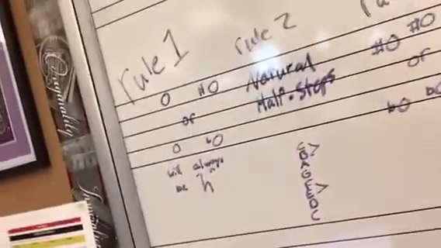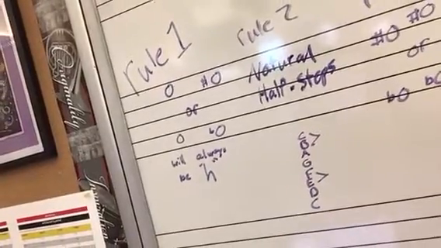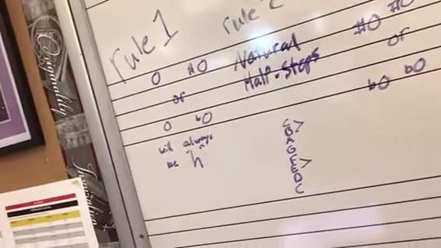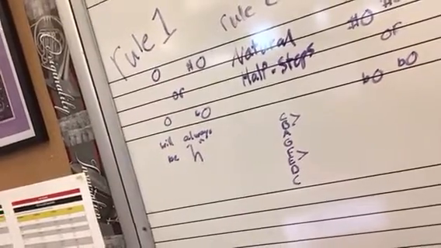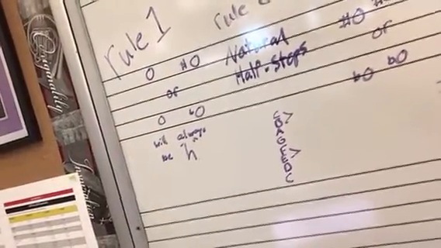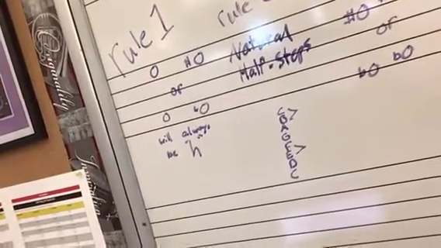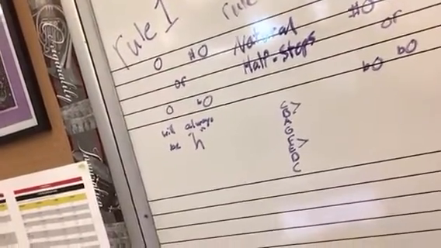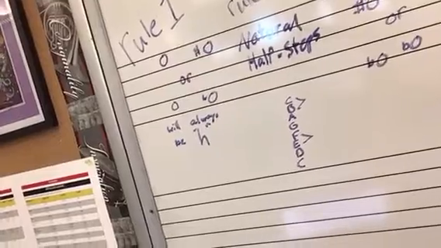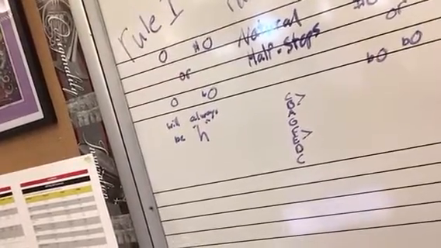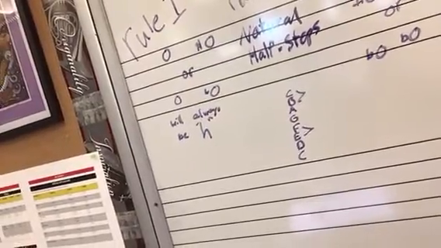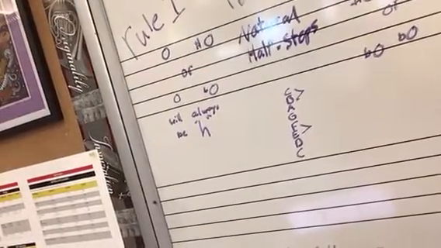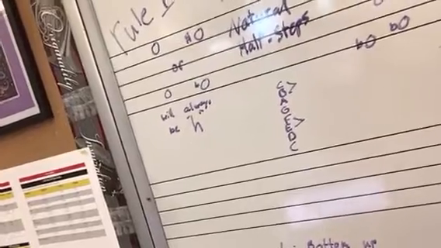Okay, secondly, we're going to go over some rules to determine most efficiently if two notes are a half step or a whole step away. Rule number one: if you see that they're the same letter name, like A sharp and A, or any other letter name that shares the same between the two options, but there's an accidental on one of them, you know that it's going to be a half step.